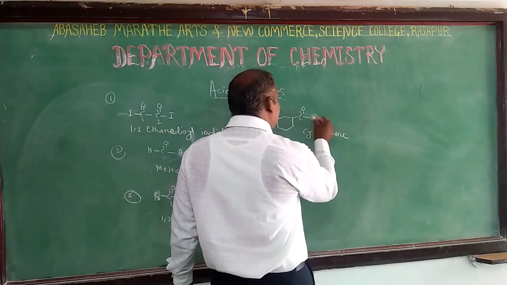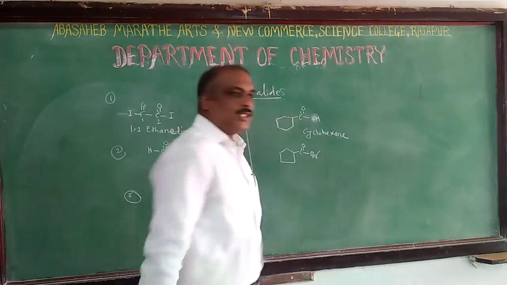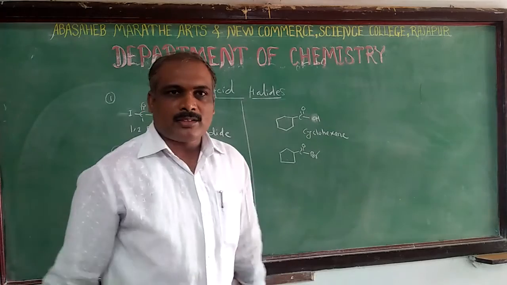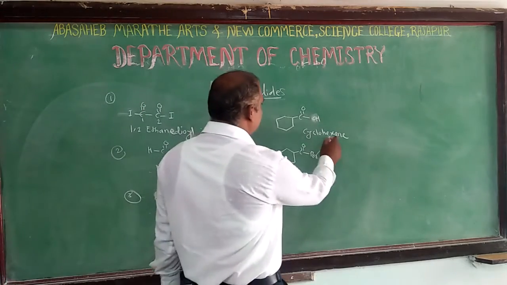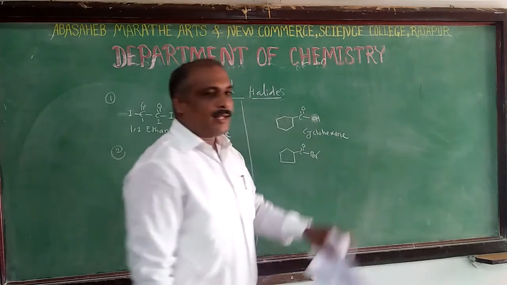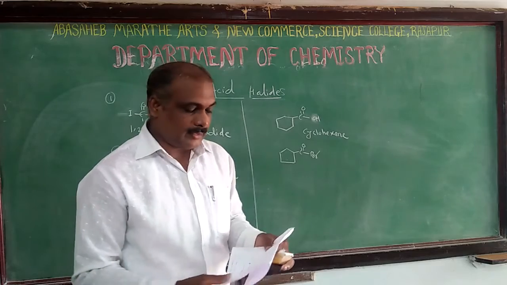If this Cl is replaced by OH, what is the name? Cyclohexane carboxylic acid, right?